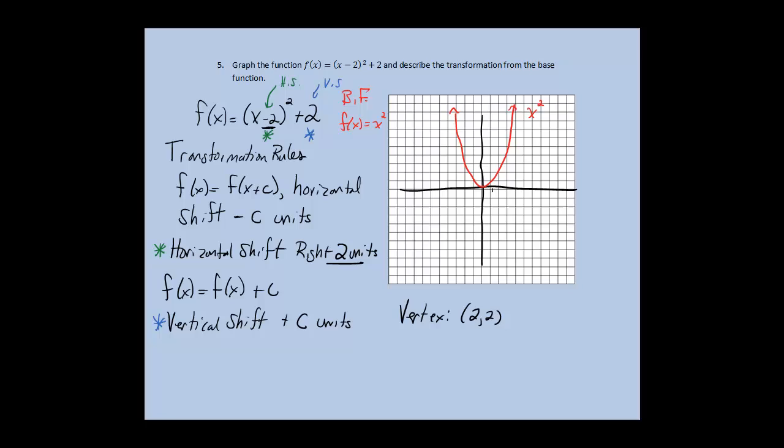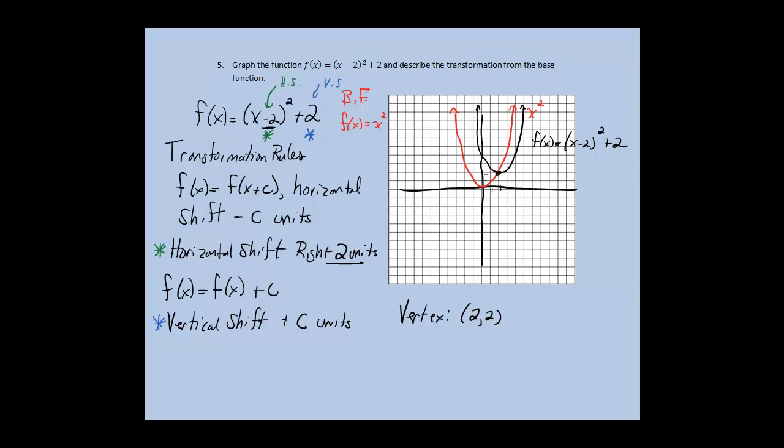So we have a new vertex that's here. We still have a positive leading coefficient, so it's still going to go up like such. So that will be the function f of x equals x minus 2 squared plus 2. We have a horizontal shift to the right 2 units, and a vertical shift up 2 units.